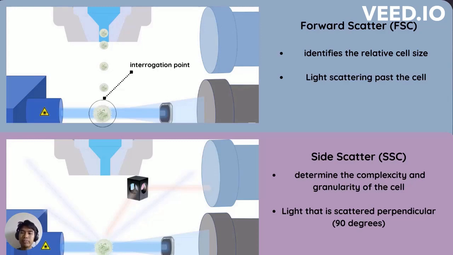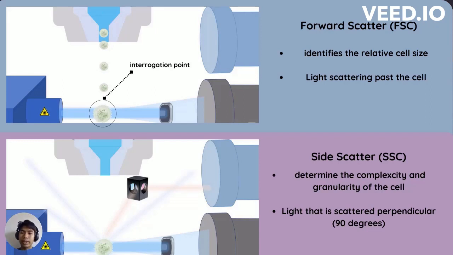When the laser light beam illuminates a single cell, some of the light will strike physical structures within the cell, causing the light to scatter. This light scatter can be measured and correlated with the relative cell size and structure inside the cell. There are two types of scatter in the optic system.